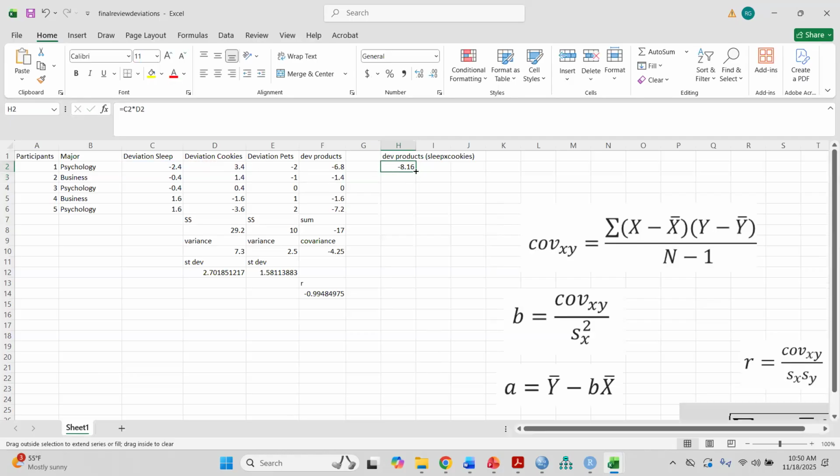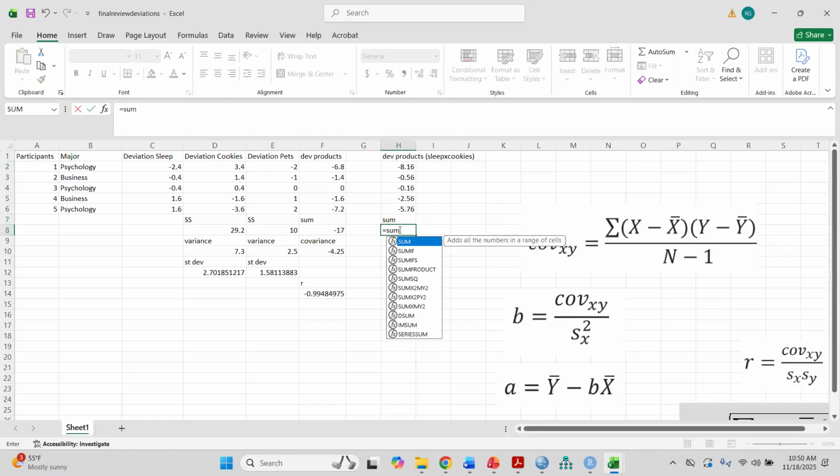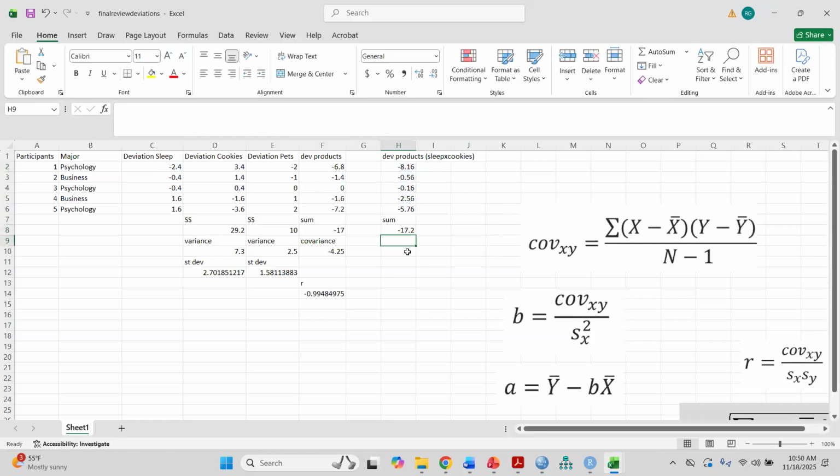Going to get deviation products. We're going to have to add those together. Sum of the deviation products. Then the covariance is equal to that over n minus 1, and n minus 1 is 4.